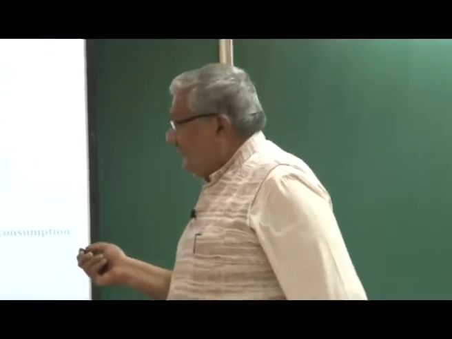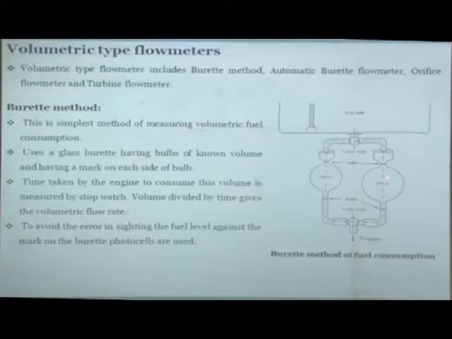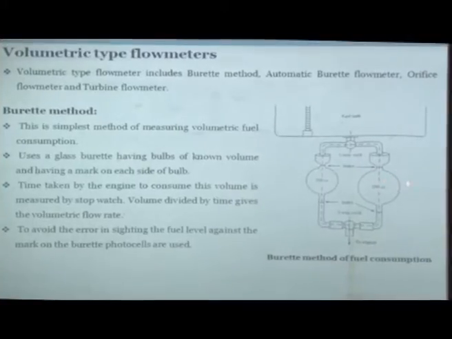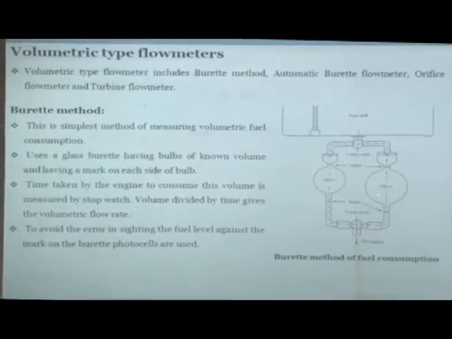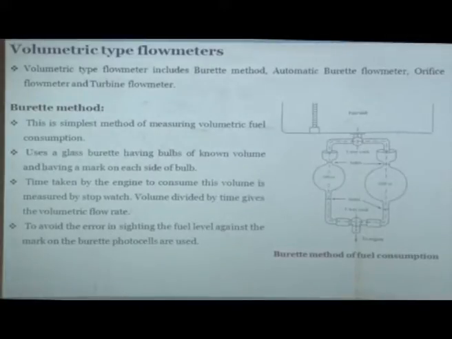That can also be avoided by making it automated. You could have 20 ml flasks, 200 ml, 50 ml, whatever you want, you can measure and make a device of your own. So, this is very simple burette method.